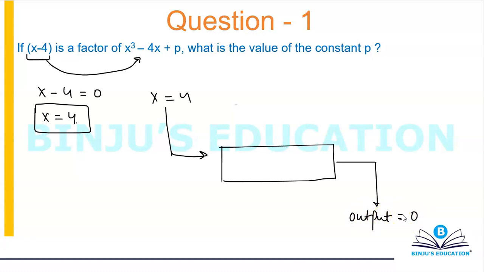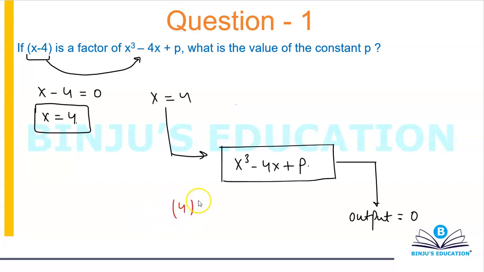Because it's using that term factor. It's not saying that when we divide x cube minus 4x plus p by x minus 4, then calculate the value of p or the remainder. It is specifying that x minus 4 is the factor, which means when the input value is 4, then the output value is 0. So you are basically providing an input value of x equal to 4 to x cube minus 4x plus p.